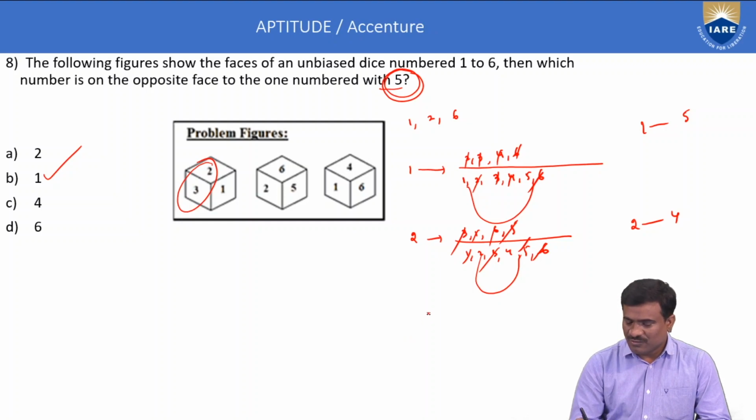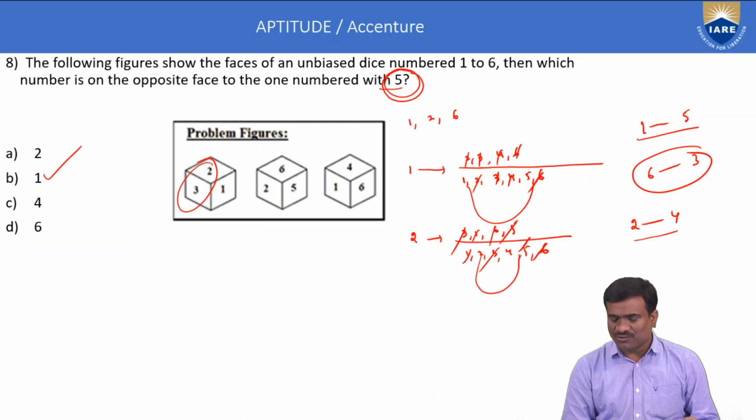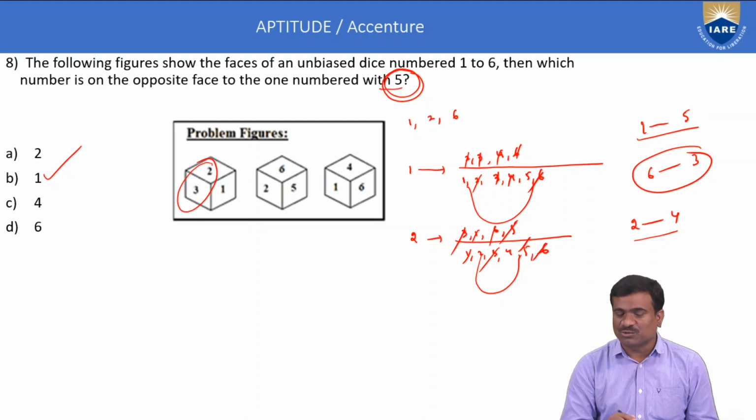Remaining 1 and 5 completed, 2 and 4 completed, remaining 6 comma 3. 1 is opposite 5, 2 is opposite 4, 6 is opposite 3. But this question calculates only the opposite of 5, that is only 1. Option B only is correct. This is about the dice concept.